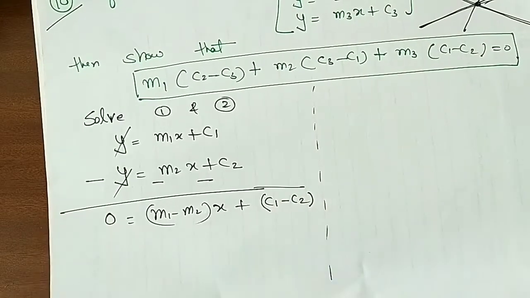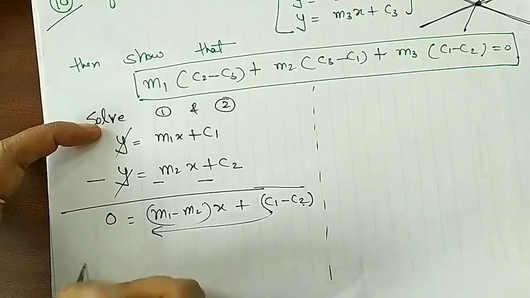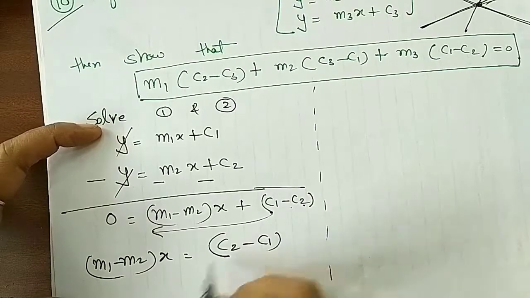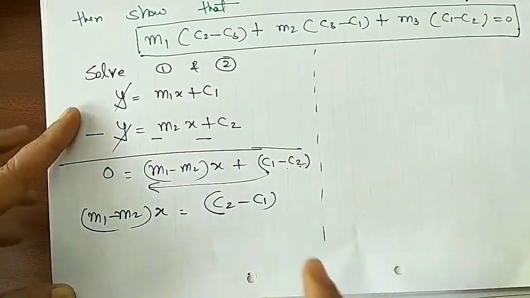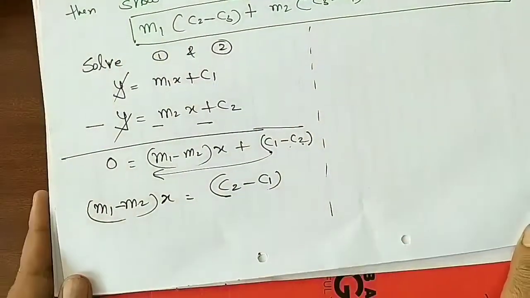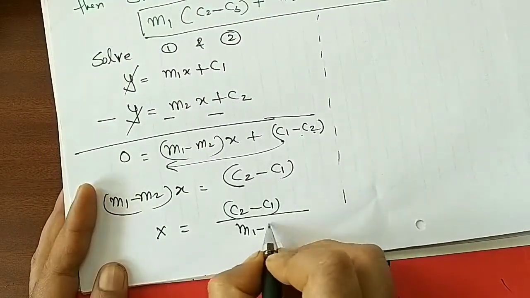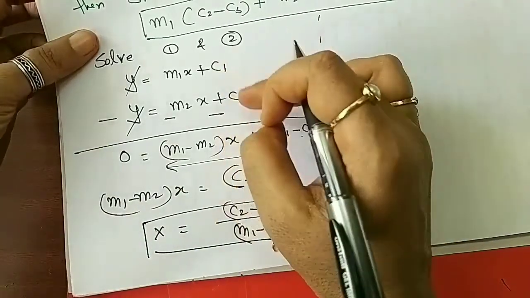Now I need x, so this c1 minus c2 I will send to the other side. So (m1 minus m2) into x is c2 minus c1, because c2 will become plus on the other side and c1 minus. So what will be my x? My x will be (c2 minus c1) by (m1 minus m2).